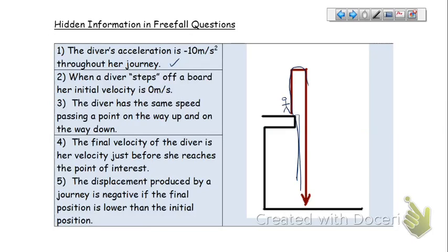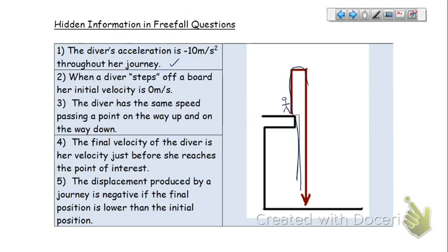I've got to be clear. Your journey as far as the free fall is concerned, which is the bit we're interested in, does not include the bit where you're pulling on the board. Because when you're pulling on the board, you have a force other than gravity acting on you, and so you're not in free fall. So these equations won't work.